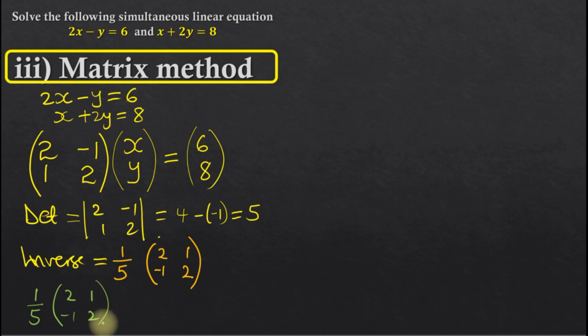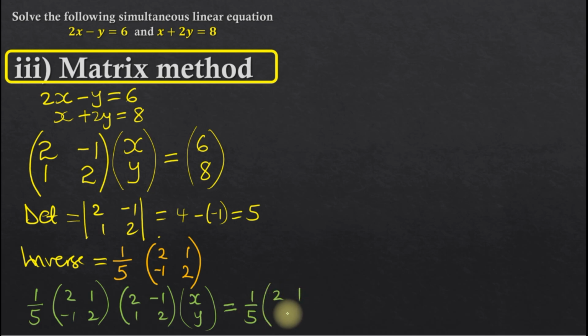So when we say we pre-multiply, it comes in front of the matrix on both the right and left side. So multiply now the coefficient matrix, it is 2, minus 1, 1, 2, and then the variable matrix x, y will be equal to, again we pre-multiply by the inverse matrix, 1 over 5, bracket 2, 1, minus 1, 2, multiplied by 6, 8.